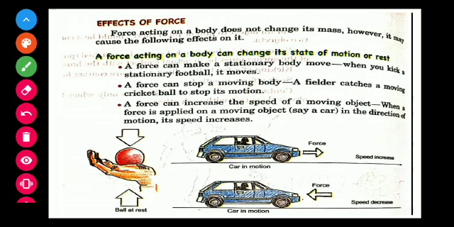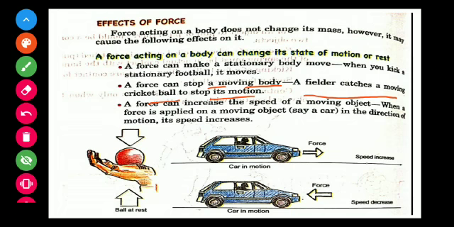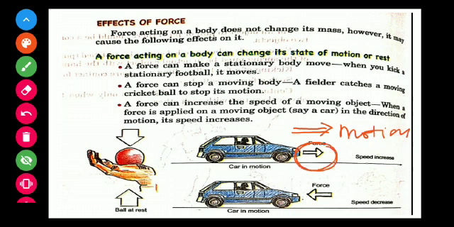Next example, a force can increase the speed of a moving object. This is your moving object, a car in motion, and if we apply a force in the direction of motion, then there is an increase in speed.